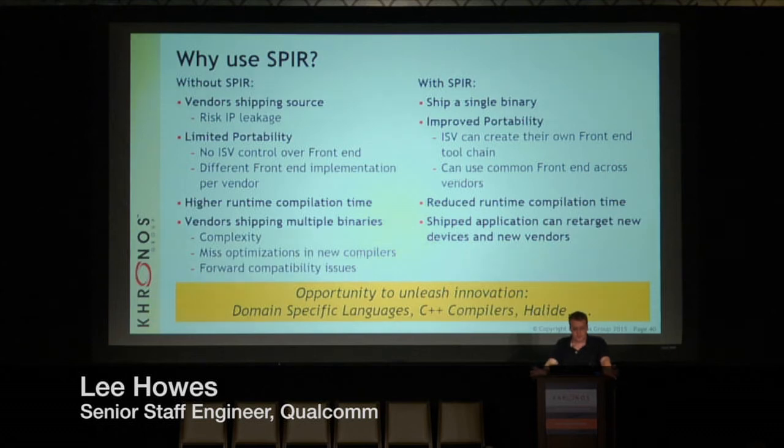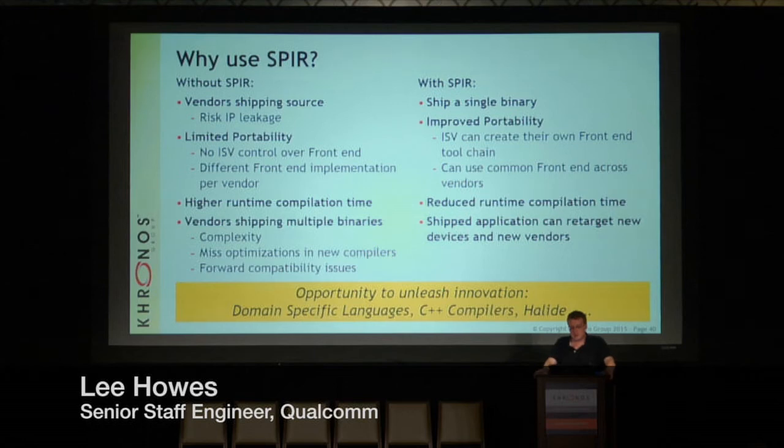So we removed the requirement for a different front end implementation per vendor. SPIR reduces the runtime compilation time, particularly if you're going to see C++ with a lot of template action where the front end is going to have to do a lot of work instantiating the templates. That will have all been done offline, and SPIR will be consuming the result of that.